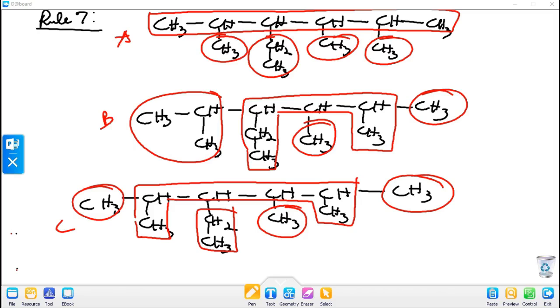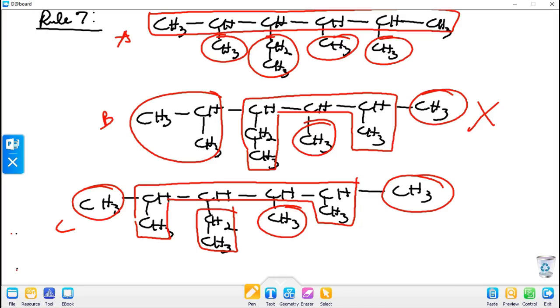So which of these numbering schemes should we accept? Student B is automatically disqualified because the side chains here are 3, and students A and C are having 4 side chains. So it means that for student B, the numbering scheme or the pattern he took is wrong. For students A and C, who should be accepted? The fact is that students A and C are both correct in their numbering scheme. Whatever they are going to do, we give them the same name.